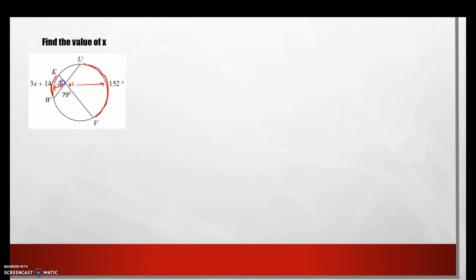And this angle is also 101 since vertical angles. So now the angle that made it, 101, is equal to the average of your two arcs, which is going to be 3x plus 14 plus 152. Again, I'm taking the average of the two arcs that it makes, this guy here and this guy right here.